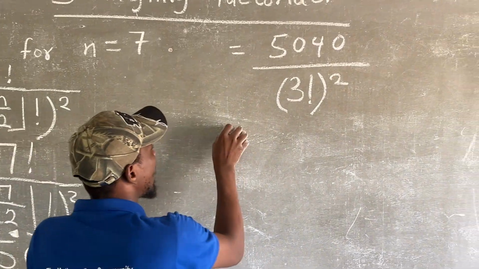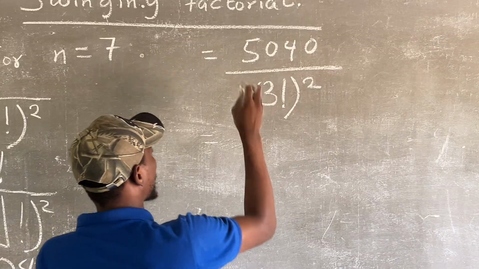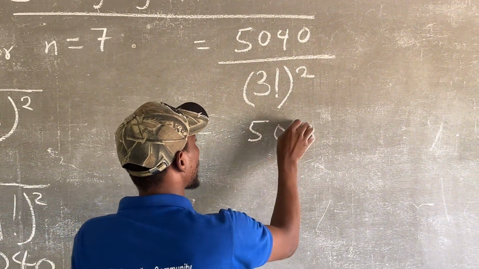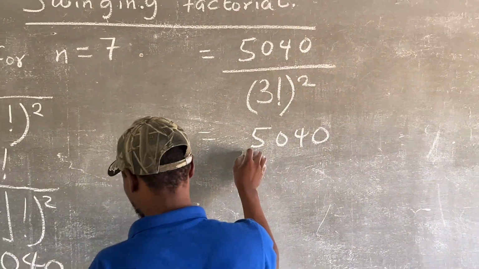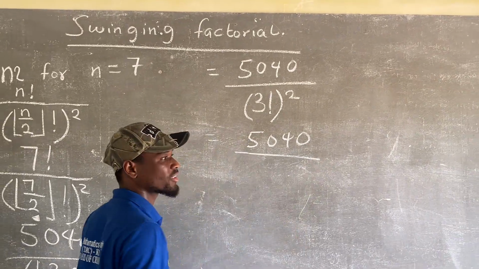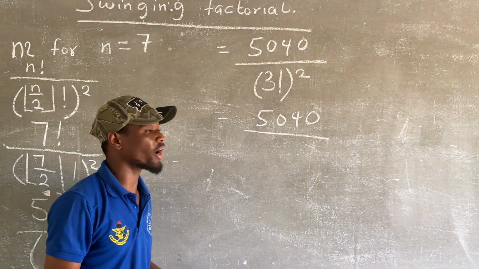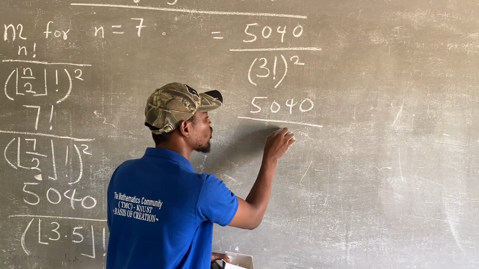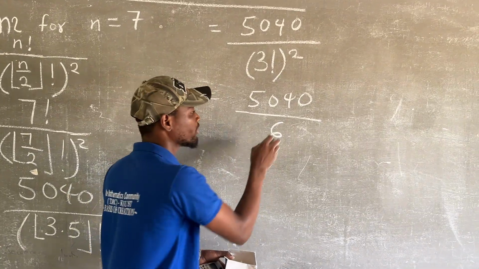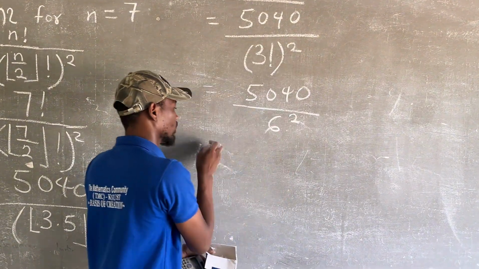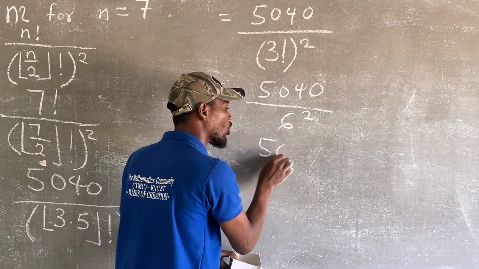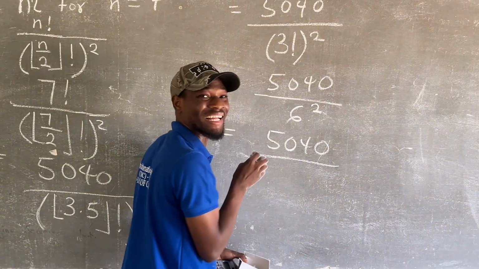So therefore, I have 5040 over 3 factorial squared. 3 factorial is equal to 6. We are squaring it, so I have 5040 over 36.